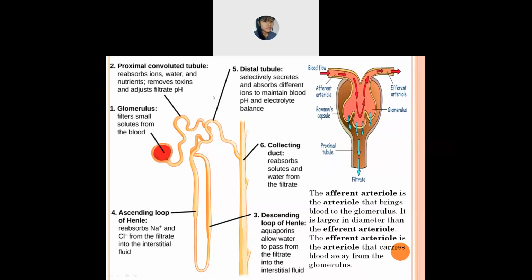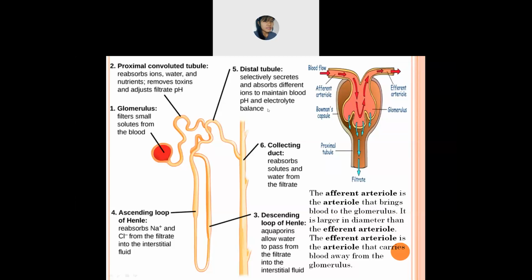Whatever is coming from the ascending loop of Henle, in this DCT, they will select, secrete and absorb all the different ions to maintain the blood pH level and electrolyte balance. This will happen in the DCT.